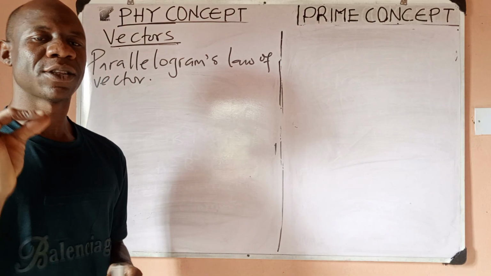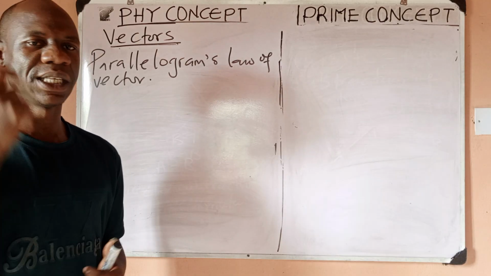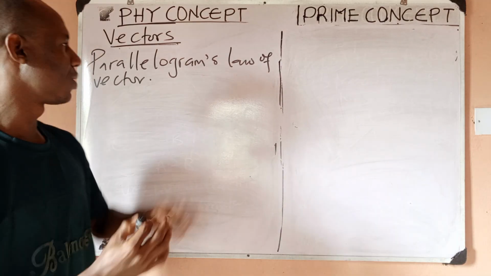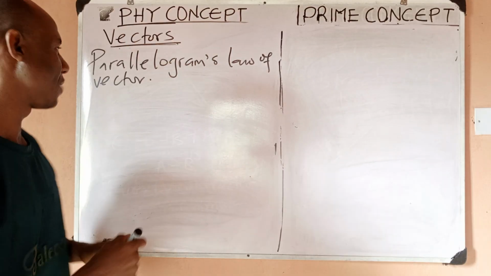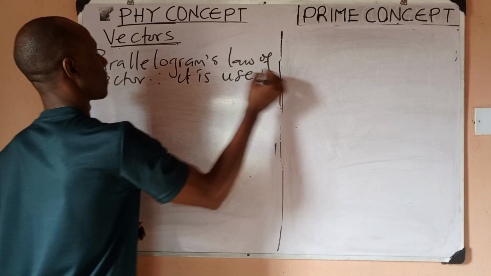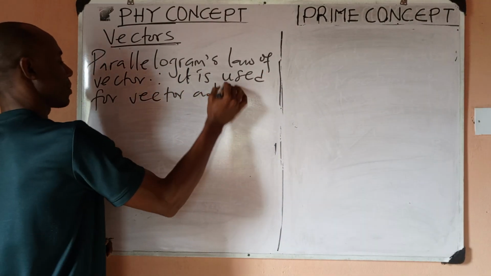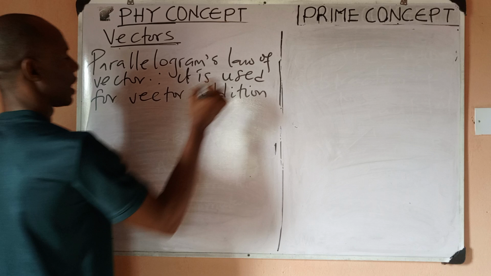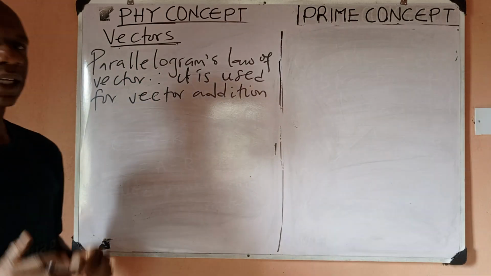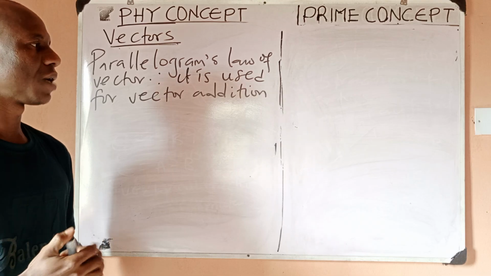Parallelogram's law of vector is another law or another method that is used in vector addition. So it's a method that is used for vector addition. That's Parallelogram's law of vector. That is the first thing you want to know. Now, can we state this law? Yes, so I will state it.